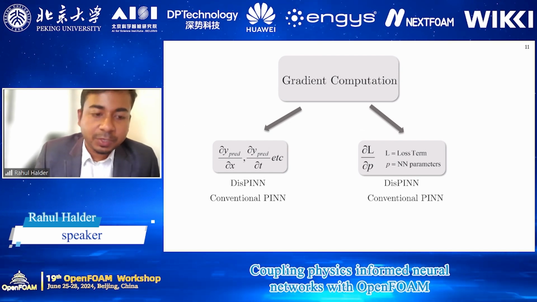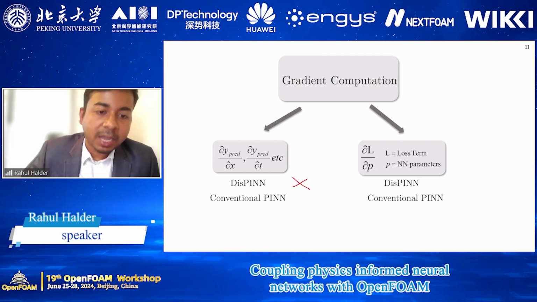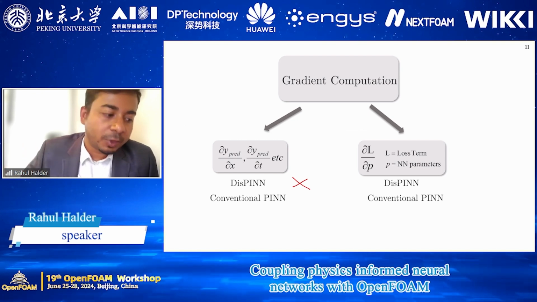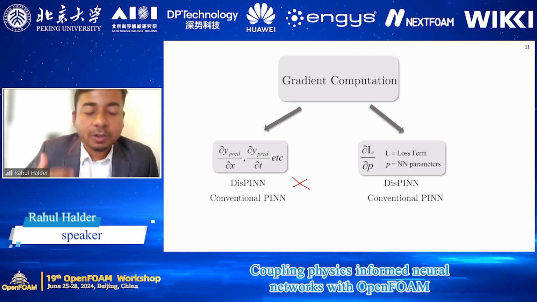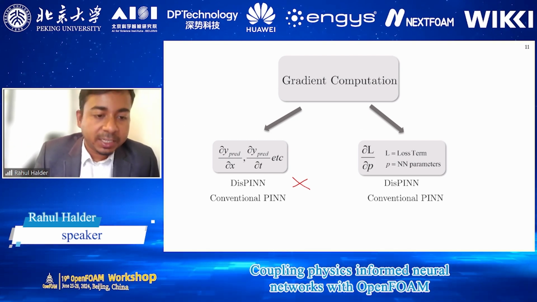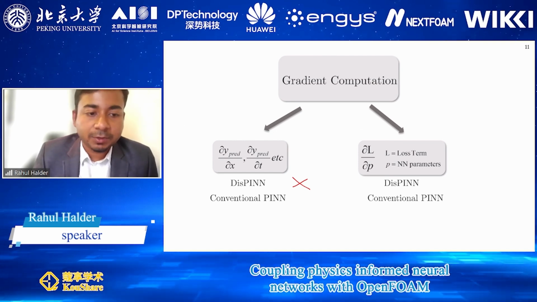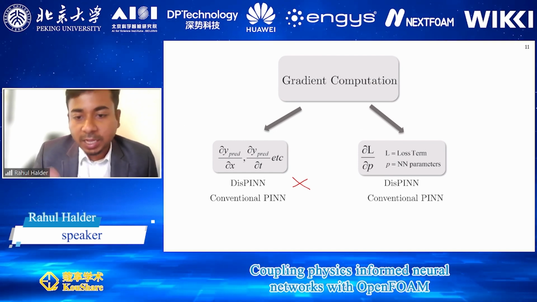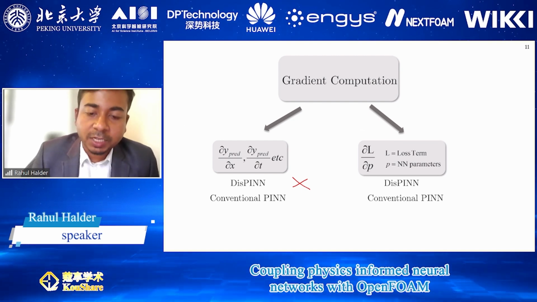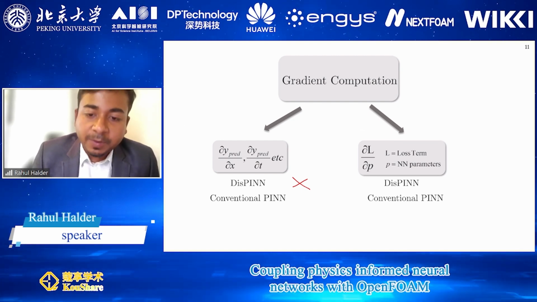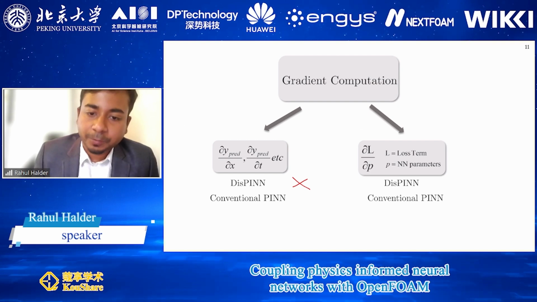The first terms we got rid of, because we are now borrowing these derivatives from OpenFOAM. For conventional PINN we still need that, but for the DisPINN in our case, we don't need them anymore. On the other hand, this gradient of the loss term with respect to the hyperparameters, we still have to compute.